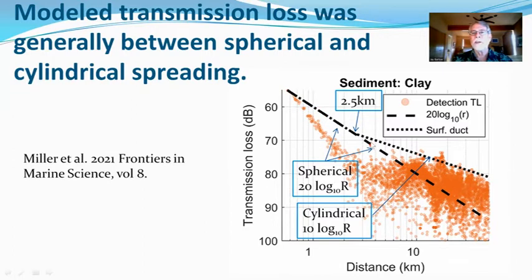But at ranges greater than, say, 5 kilometers, most of the values fell between the range that you'd expect with cylindrical spreading in a surface duct and spherical spreading, which is this dashed line here. So I'm going to use something intermediate in my models.